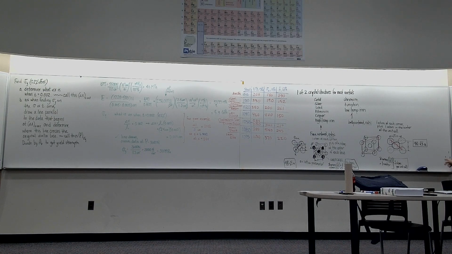So right now, what's important to know about these two different crystal structures is the different relationship between the radius and the lattice parameter and the number of atoms per cell. So the volume of a cell is what? A cubed, right? So that's equal to 4r over the square root of 3, cubed.